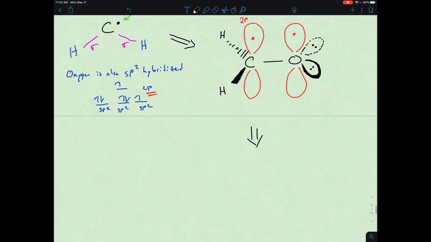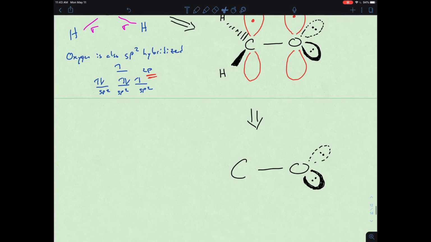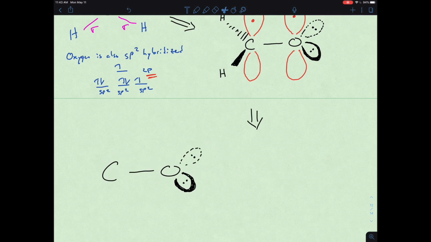So if we take that molecule we have above, just keeping everything here the same, I just want to show our lone pairs for the oxygen and where they're at.